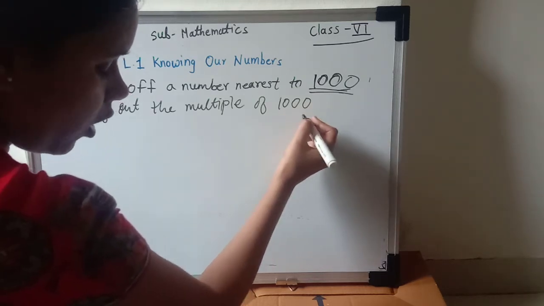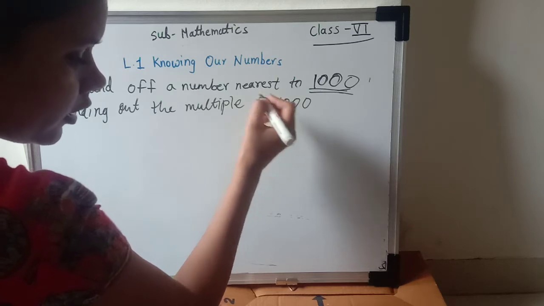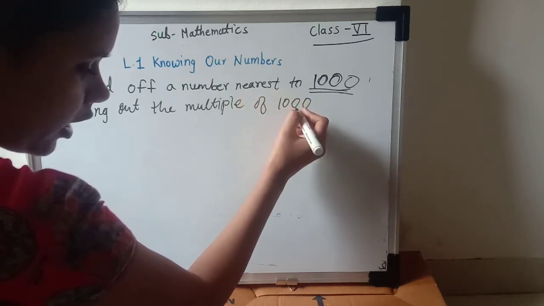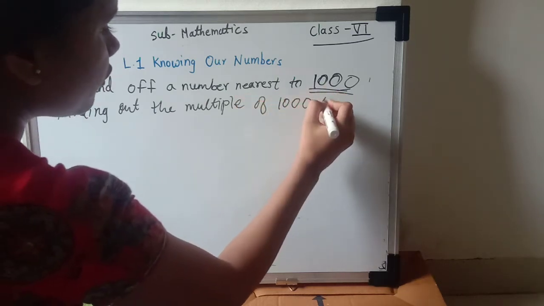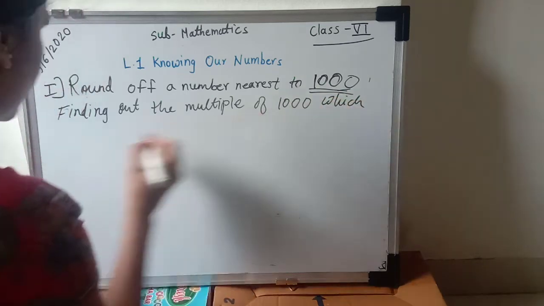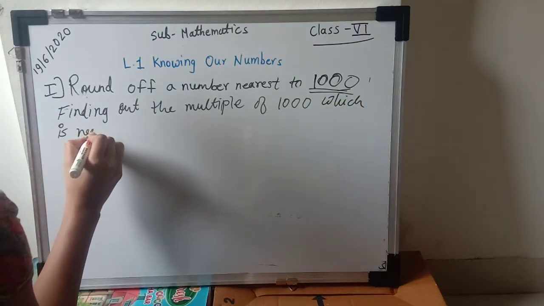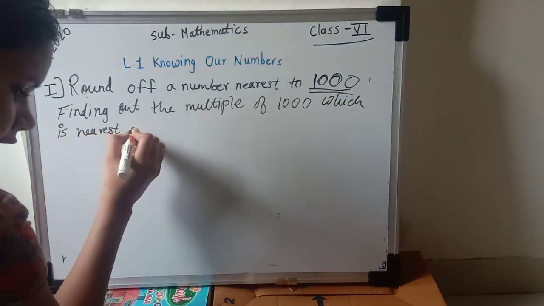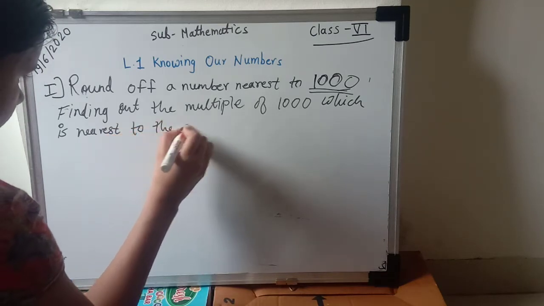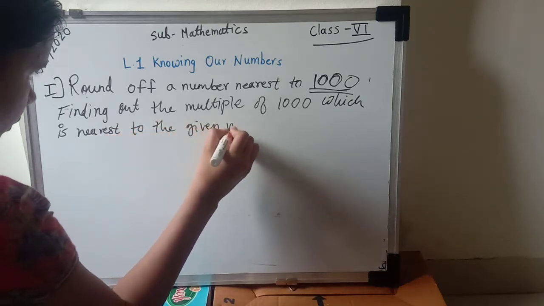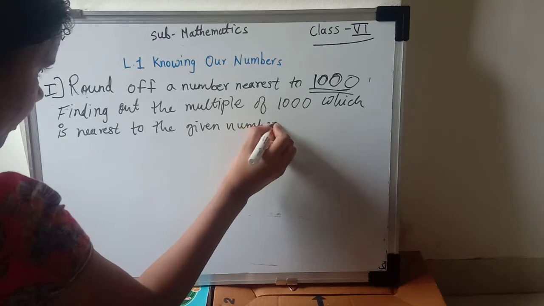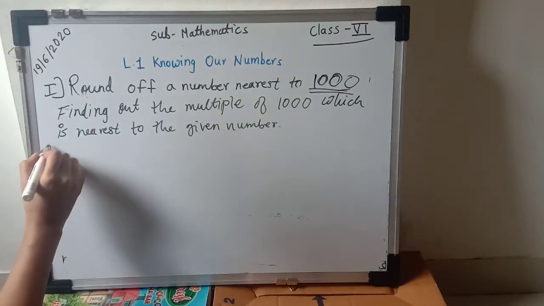So all these numbers are multiples of 1000, which is nearest to the given number. Now let's see step 1.